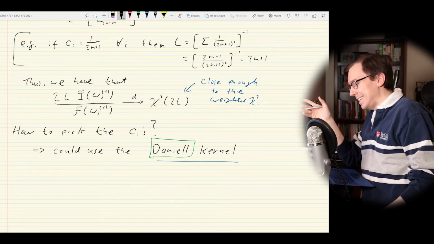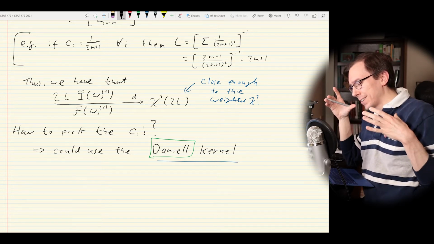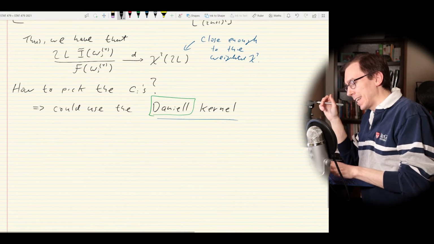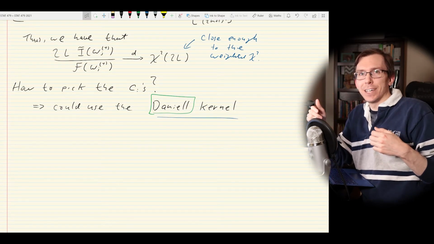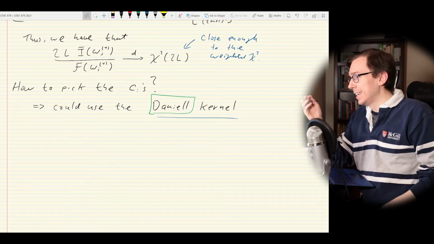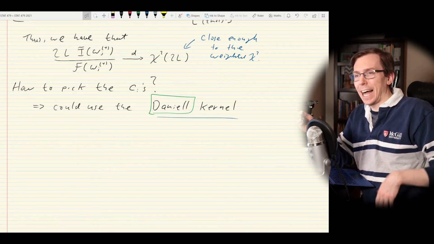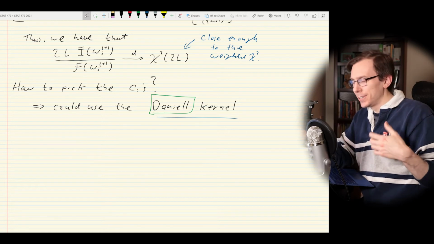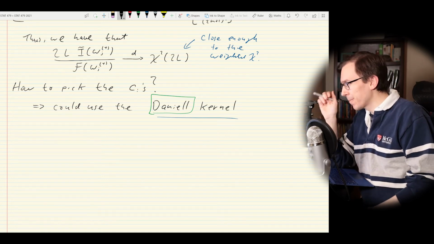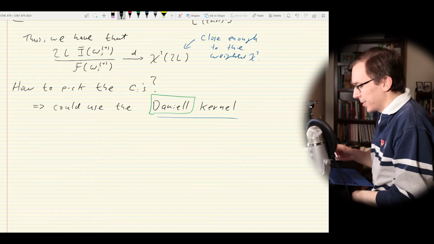Regardless, the idea is that this shows up a lot in R. If you look at a lot of the functions that we have for computing the spectral density, they'll say things like, this uses the Daniel kernel or something of that nature. So the question is then, what is the Daniel kernel?